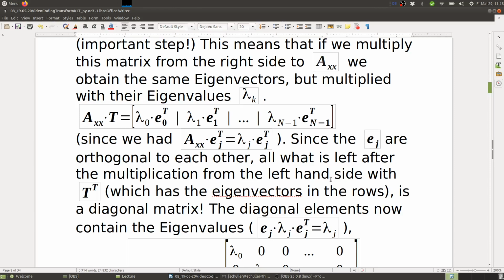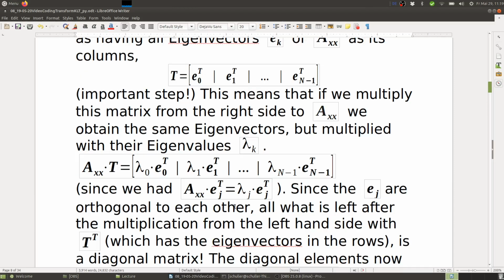And the important property is now that the Ej are orthogonal to each other, and all that is left after the multiplication from the left-hand side with T transpose, which now has the eigenvectors in the rows, is a diagonal matrix. Because only if you multiply a vector with itself, we get a value of 1. If you multiply one eigenvector with another eigenvector, the result will be 0.